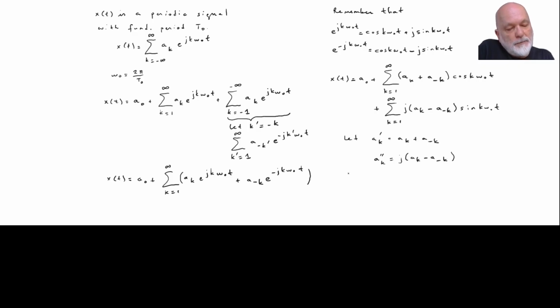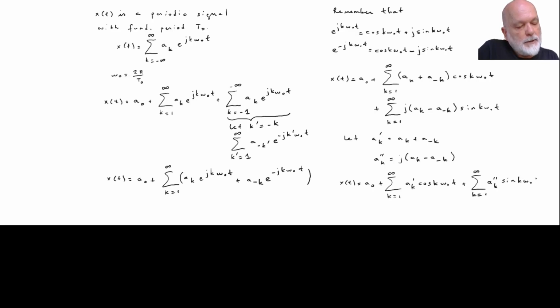Okay, so x of t is equal to a0, the constant term, plus the sum over k from 1 to infinity of ak prime cosine k omega 0 t plus the sum over k from 1 to infinity of ak double prime sine k omega 0 t.